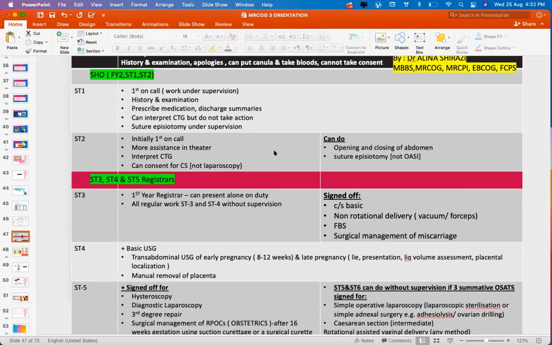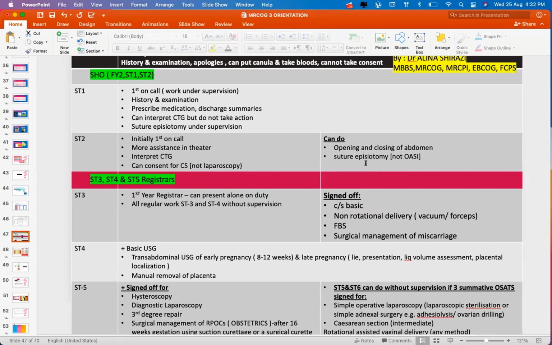If there is a pathological CTG, see, there is no hard and fast rule that ST1 and ST2 cannot take the consent. The only point is that someone who has a better understanding about the procedure, risk, benefit, and the complication can take the consent. If you think that the ST1 has the knowledge, you can let them.